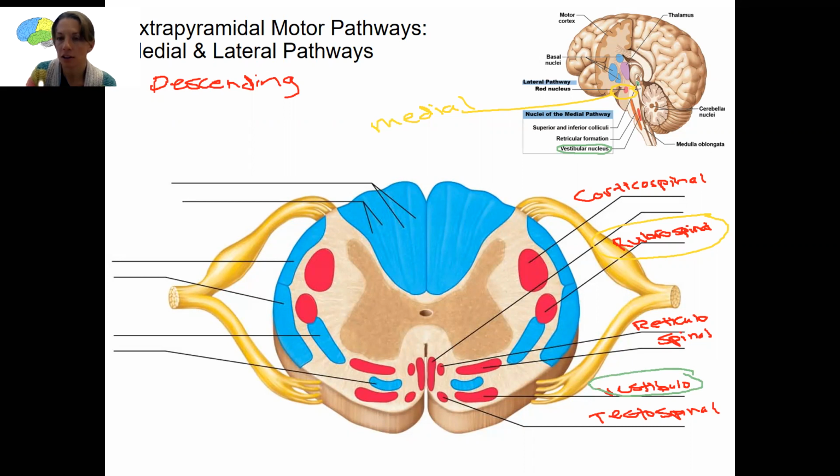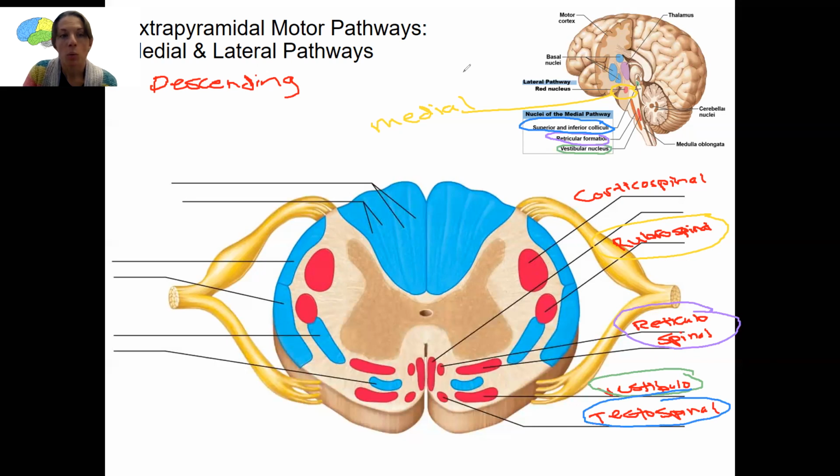Then we've got our reticular formation, reticulospinal pathway, and lastly, our superior and inferior colliculi, which you will see in your sheep brain, travel through the tectospinal tract.